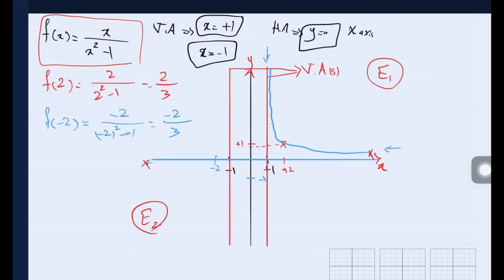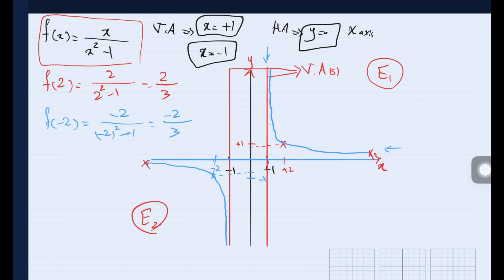So if I want to graph this region of this function, we'll have something like this, and this graph is not touching or crossing this vertical asymptote.